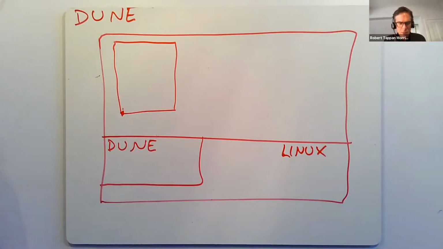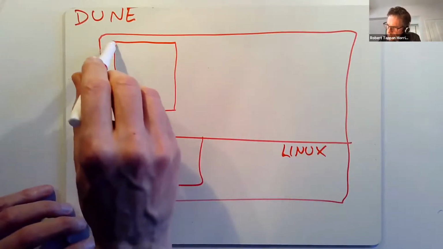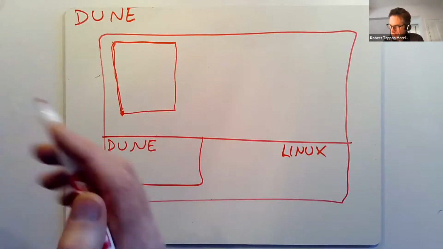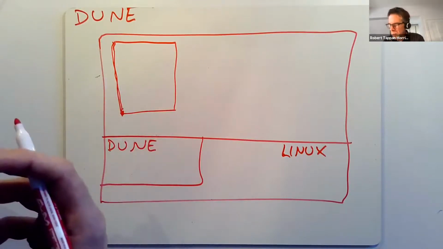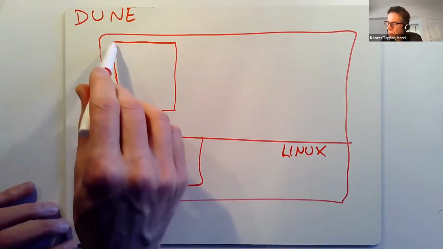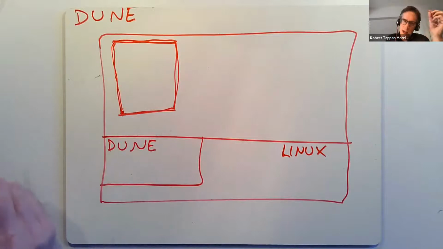Dune allows a process to switch into Dune mode, which means that instead of just being isolated by a page table, now this process is isolated by the complete VTX apparatus.